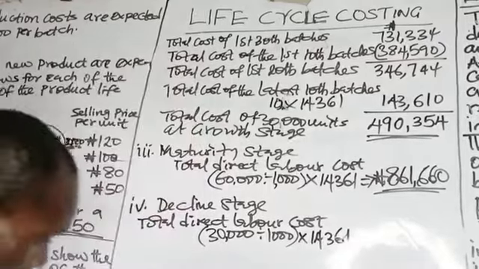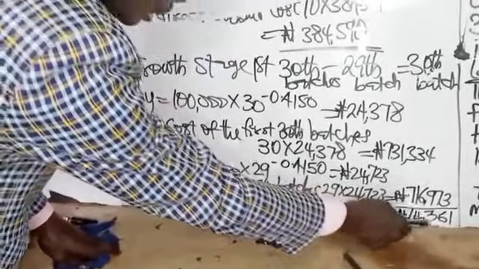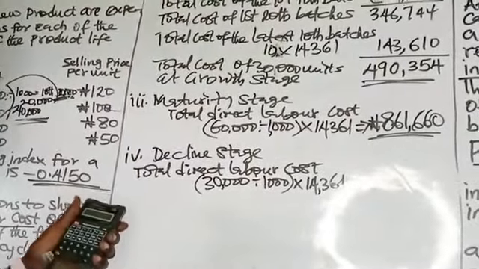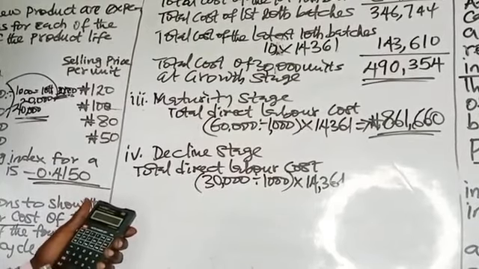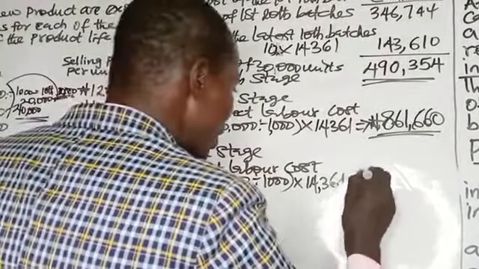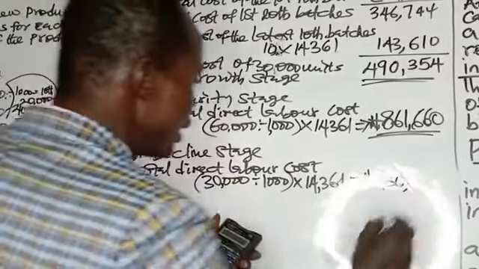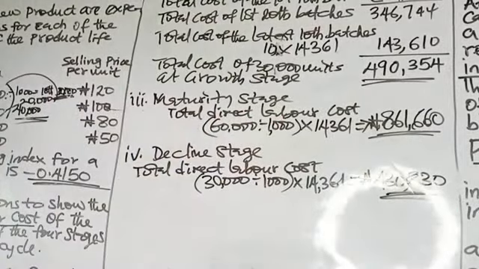That is from our earlier calculation, 14,361. Rounding off error is acceptable. So 30 times 14,361 gives us 430,830. That is the solution to the A part of the question.